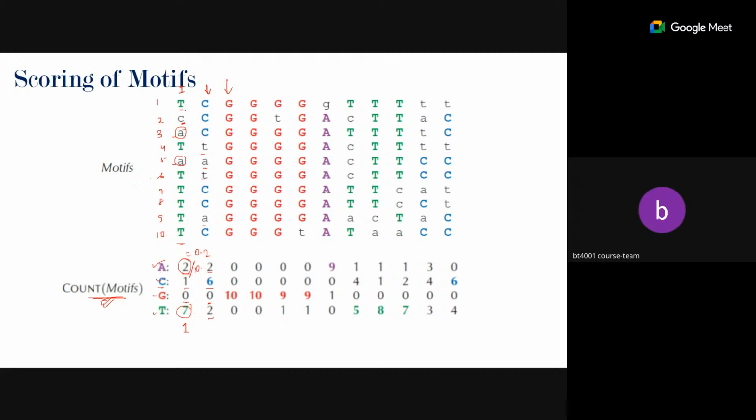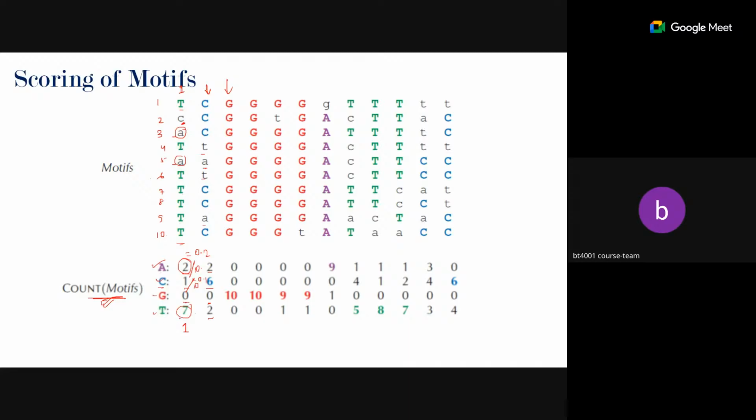So the probability of occurrence of C at position number 1 is 1 over 10, which is equal to 0.1.